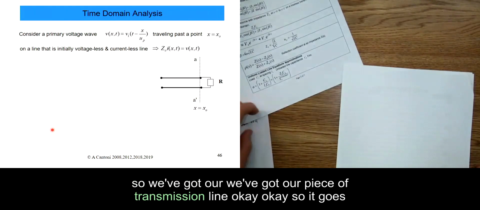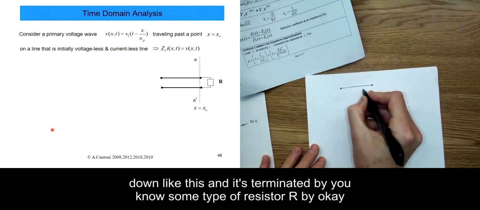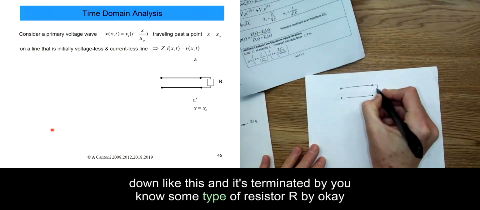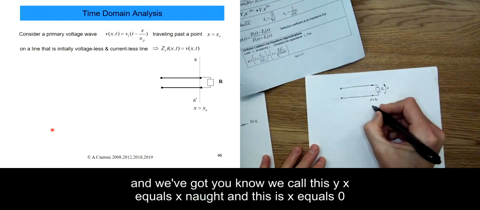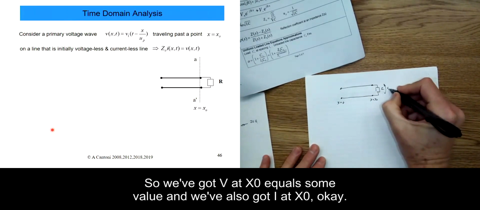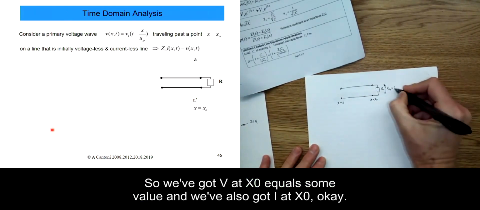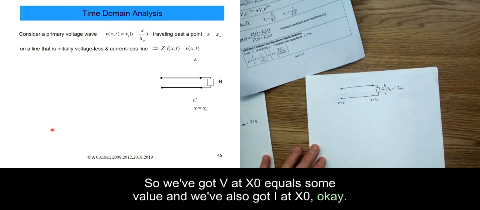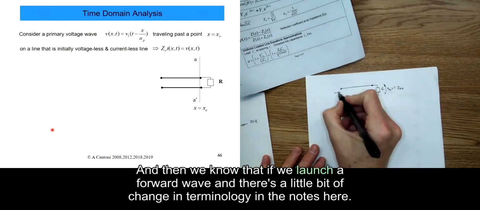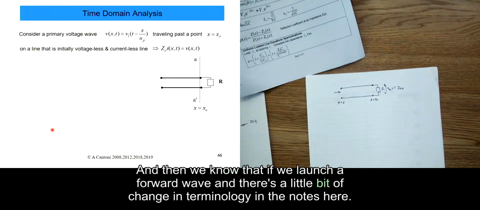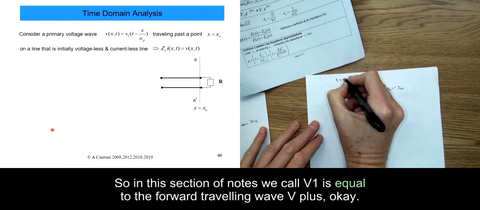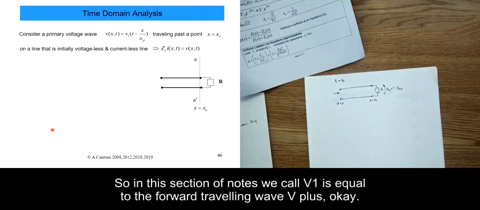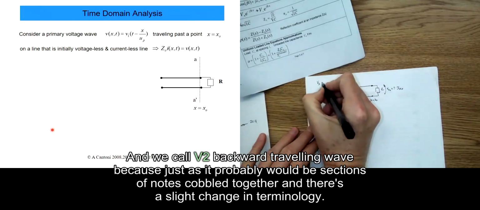So we've got our piece of transmission line, and it's terminated by, say, a resistor R. We call this x equals x0, and this is x equals 0. So we've got V at x0 equal to some value, and we've also got I at x0. We know that if we launch a forward wave, and there's a little bit of change in terminology in the notes here, in this section of the notes we call V1 the forward travelling wave, V plus, and we call V2 the backward travelling wave.